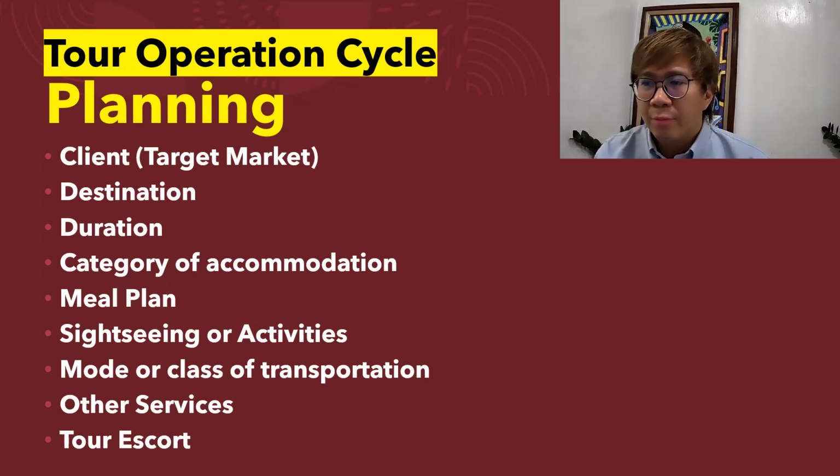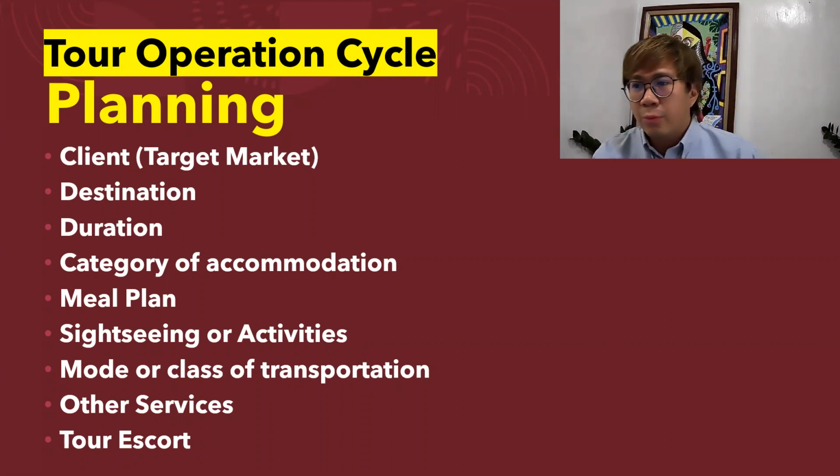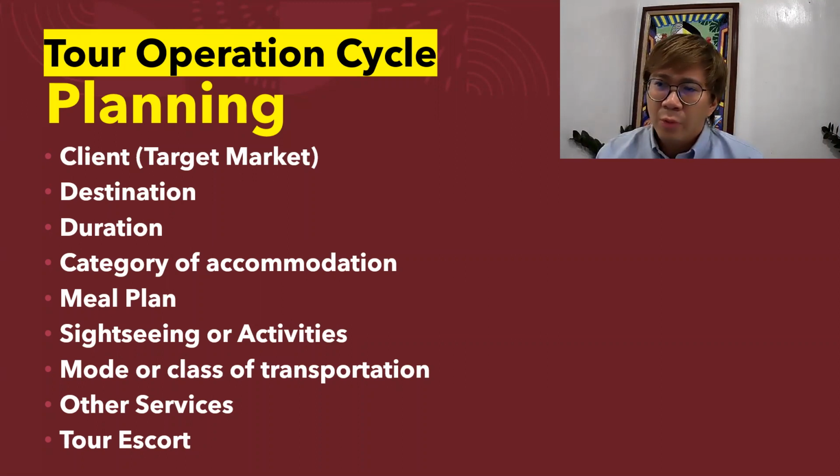They have ample amount of time to enjoy the destination because the flight is only 2 to 3 hours. So ganun lang siya. So they're going to spend around 6 hours or 4 hours on air travel, plus the transfer, let's say 1 hour. So approximately around 9 hours for the whole duration.